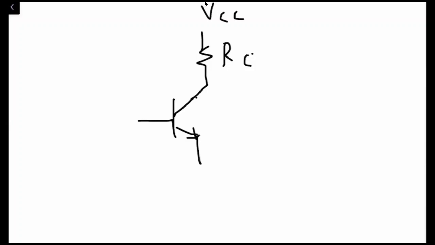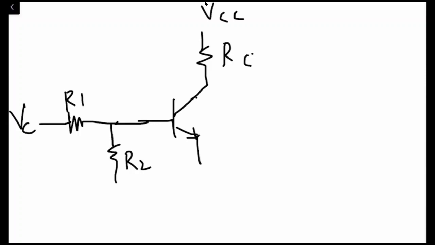As well as we have a resistor R1 and a resistor R2. They are being connected to the base of the transistor, and to the resistor R1 we have the VCC, the biasing source, connected to one side of R1. And then R2 is being grounded, as well as RE, which is also being connected to the ground.